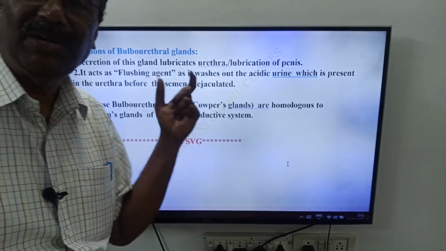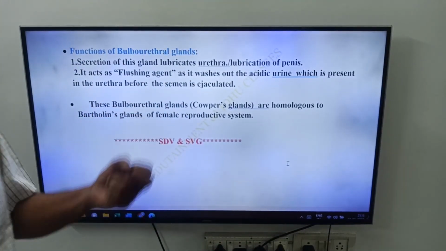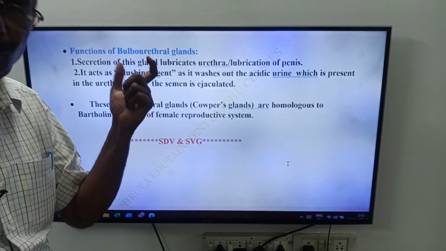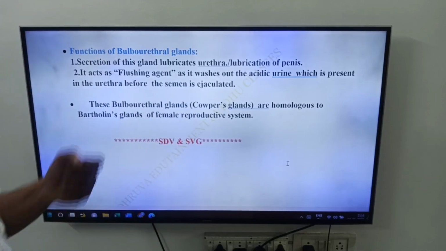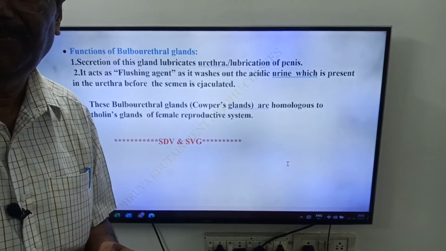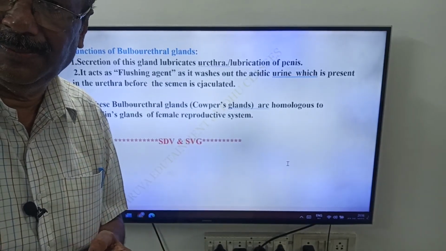Next, very important, these bulbourethral glands or Cowper's glands are homologous to the Bartholin's glands of the female reproductive system. Friends, Bartholin's glands of the female reproductive system.